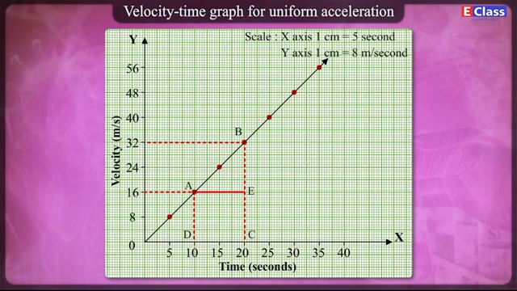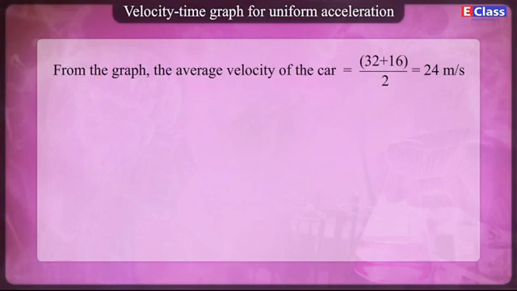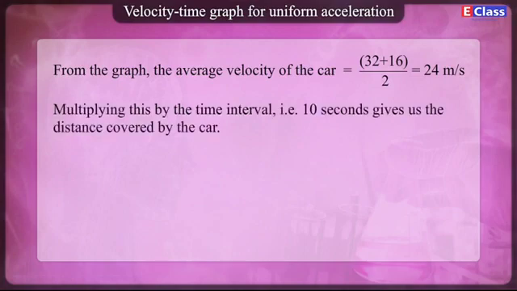In such a case, we have to use the average velocity of the car in the given time interval to determine the distance covered in that interval. From the graph, the average velocity of the car is equal to (32 + 16) / 2, which is equal to 24 meters per second.